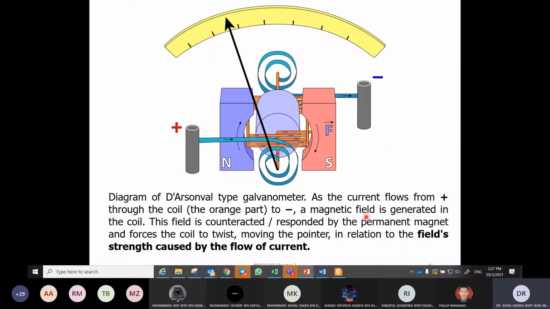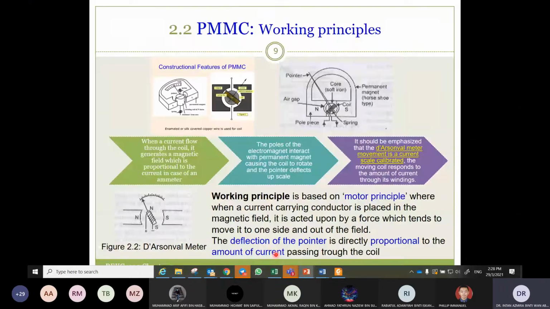A magnetic field is generated in the coil. This field is counteracted or responded to by the permanent magnet and forces the coil to twist, moving the pointer in relation to the field strength caused by the flow of current.